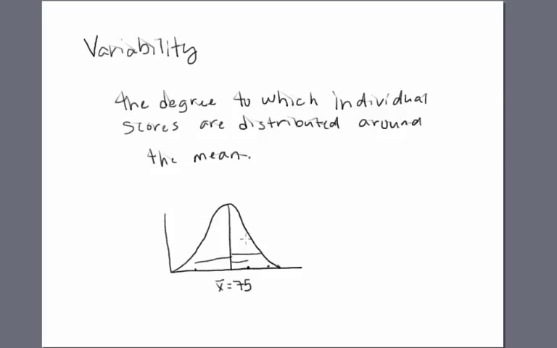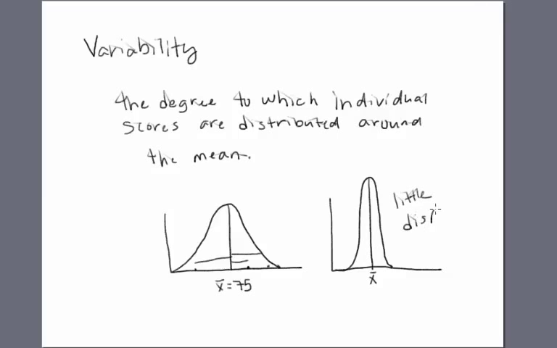What's interesting is that if you have a distribution of scores that is tall and skinny, that would mean that most of the scores are very similar to one another and very similar to the average score. So this would be an example of something where there is little dispersion or little variability.